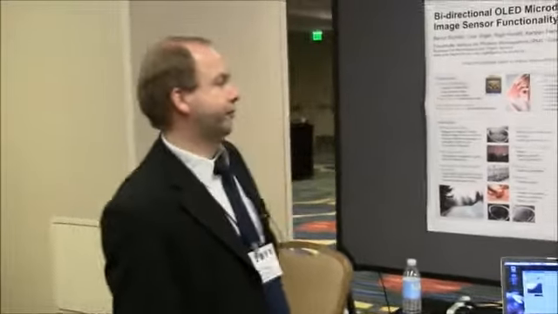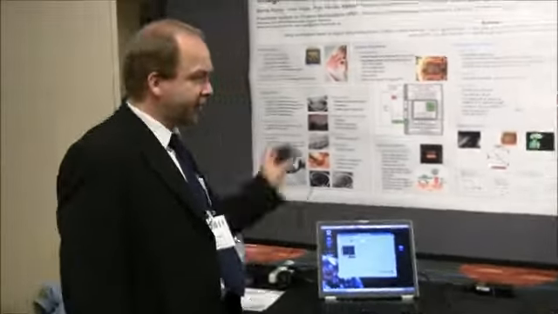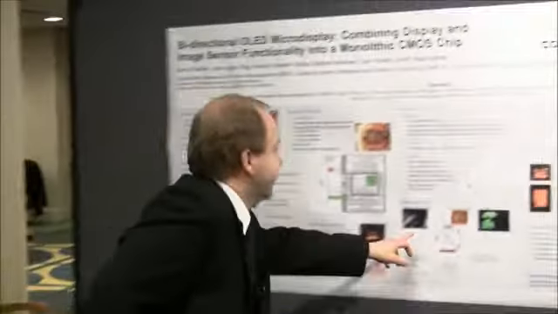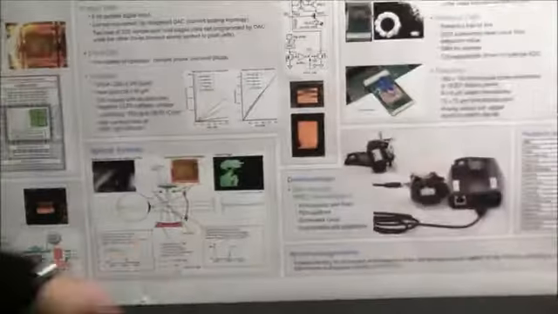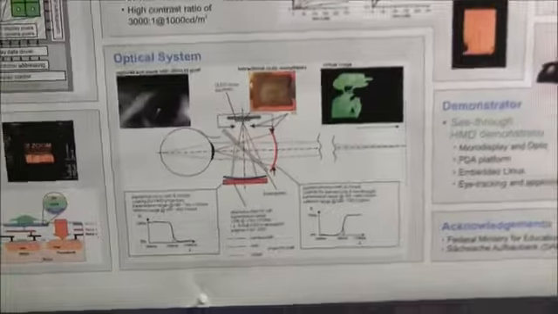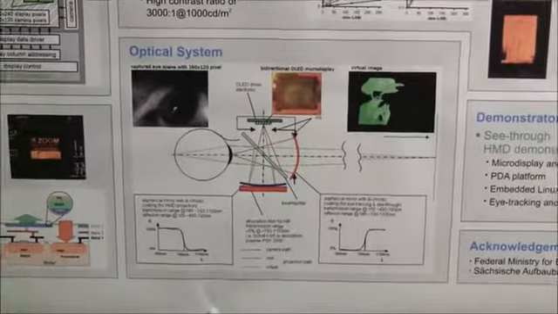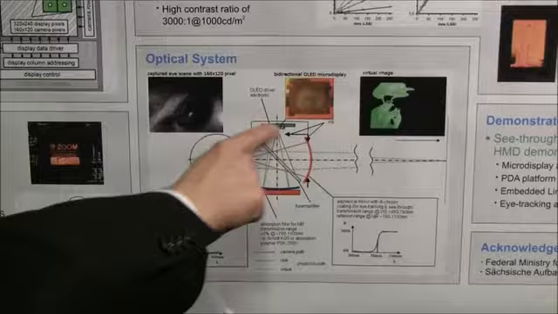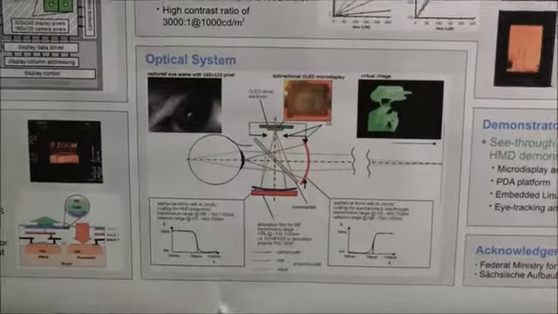So we have a simultaneous mode where we can detect and display an image at the same time. For this head-mounted display application, as I have shown over here, we have a certain see-through optics as shown over here, and this see-through optics has certain specifics. So here this is a bidirectional OLED microdisplay device.